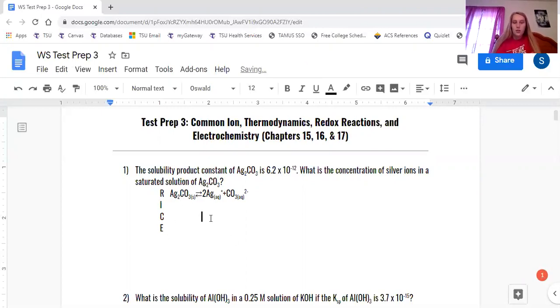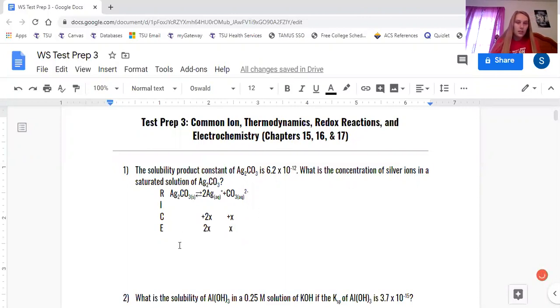So we're going to have plus 2x of the Ag plus, and plus x of our CO3 here. Then the equilibrium is just 2x and x here.